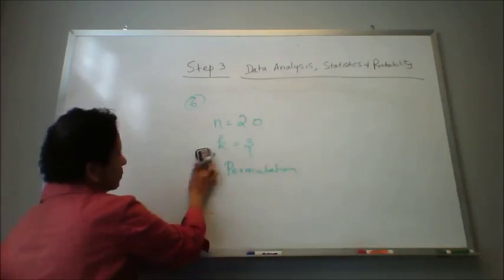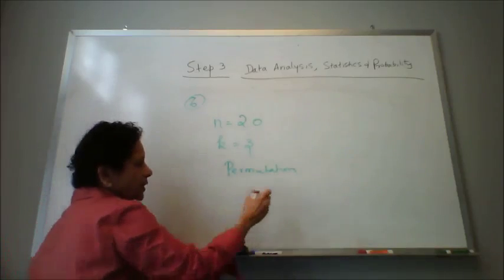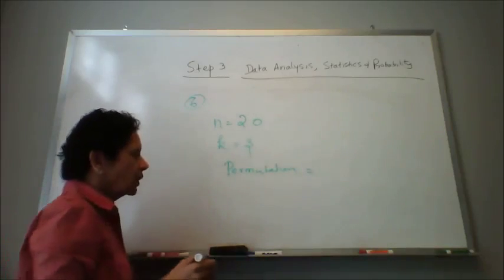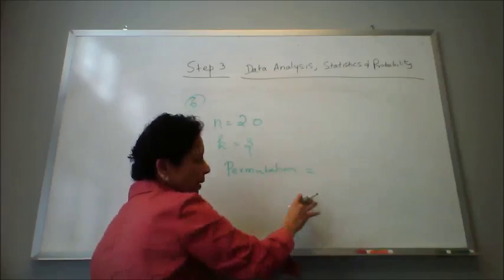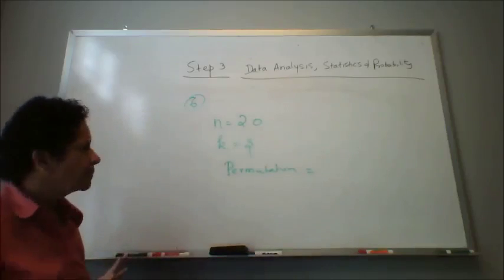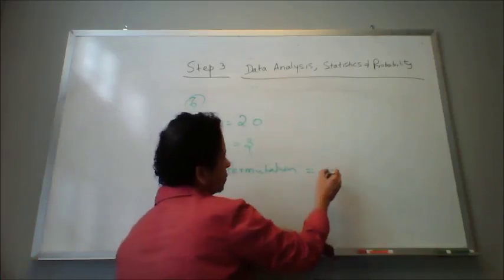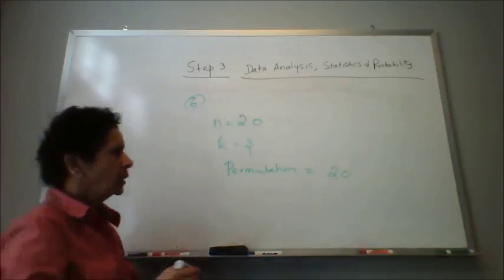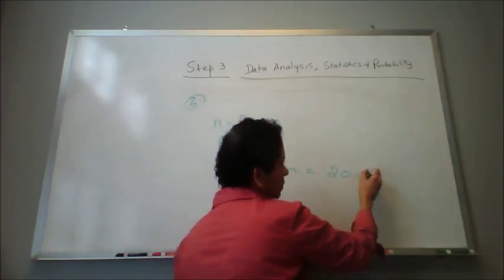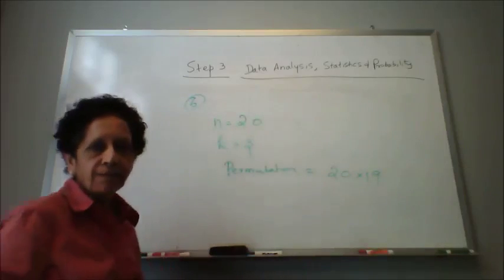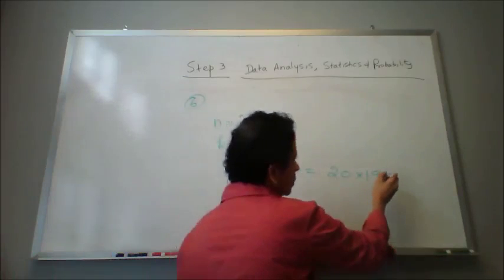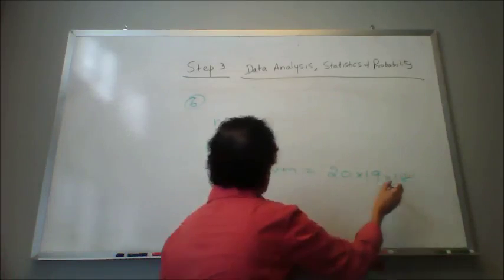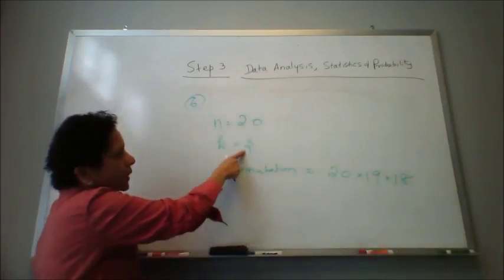Then for the number of permutations, I use the formula. There is no top and bottom, there's only top in the permutation. So you always start with n, in this case 20, and then you multiply 1 down, so 19, and then 1 more down, and then you stop because k equals 3.